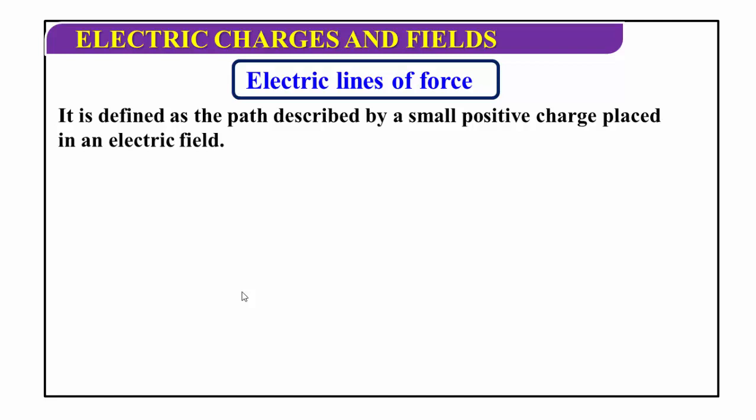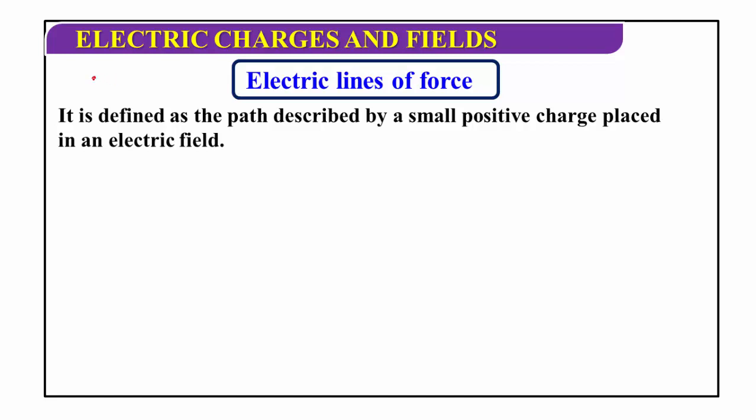It is also defined as the path described by a small positive charge when it is placed in an electric field. Then it is called electric lines of force, or electric field lines.